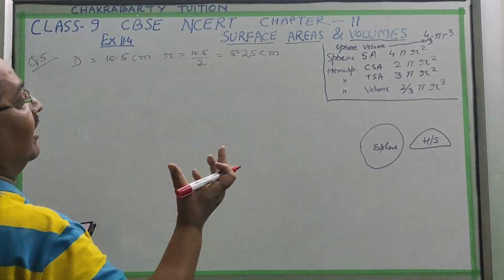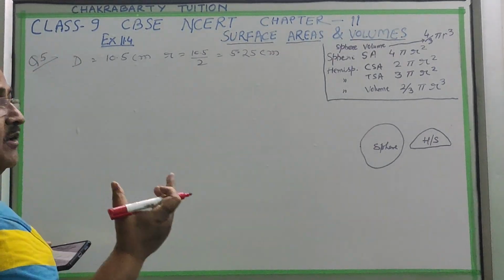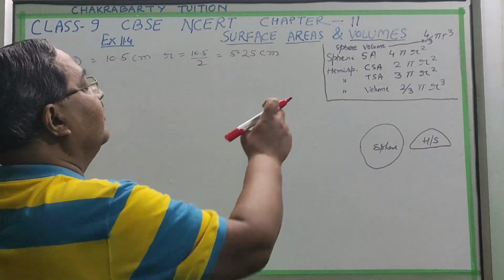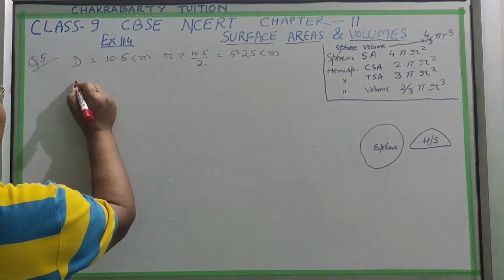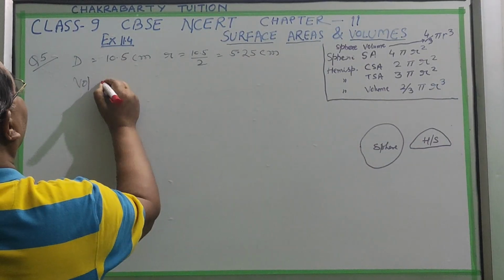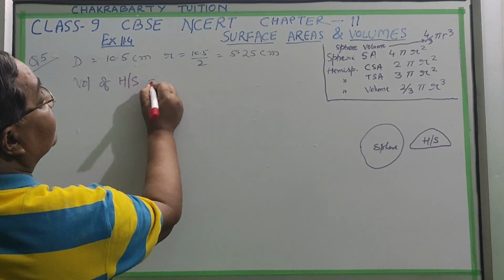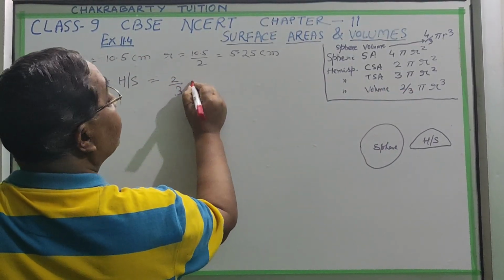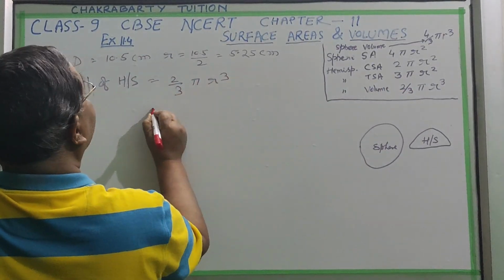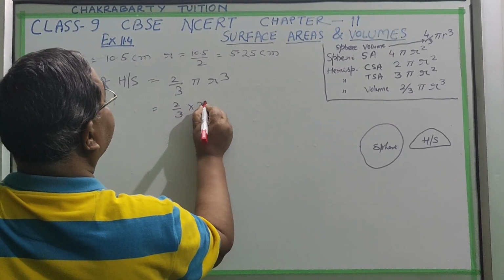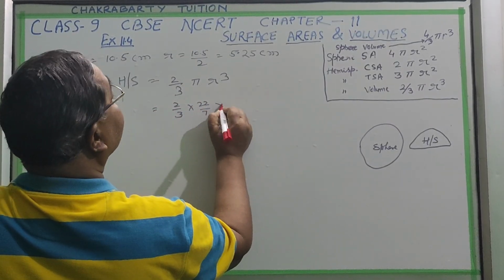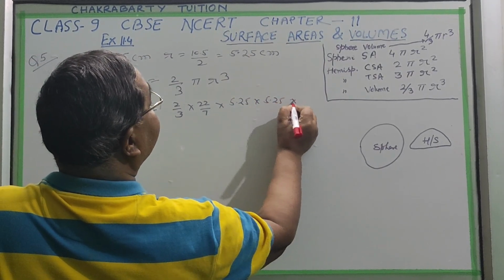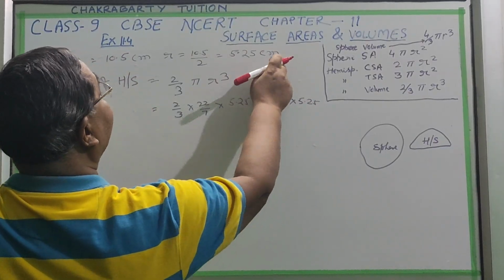Radius will be this much. So it is a hemispherical bowl. Hold means anything it can hold is always equal to its volume. So we will find the volume of the hemisphere. Formula: volume of hemisphere is equal to 2 by 3 pi r cube, which is 2 by 3 into 22 by 7 into 5.25 into 5.25 into 5.25, because cube is there.